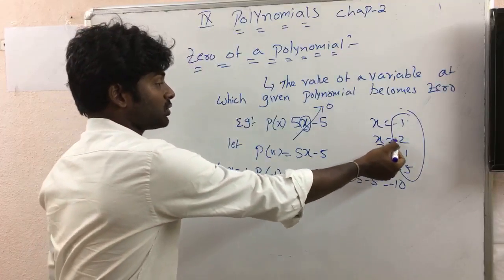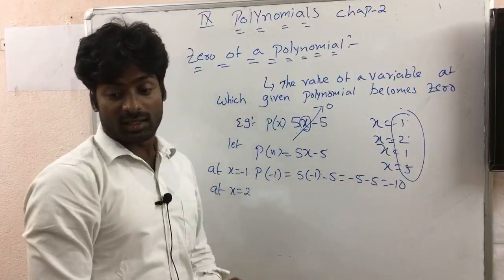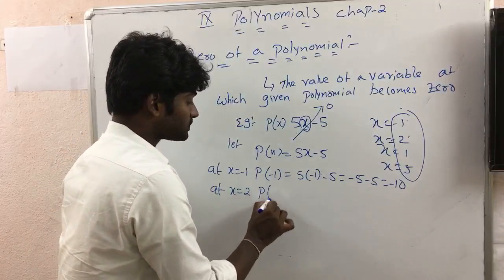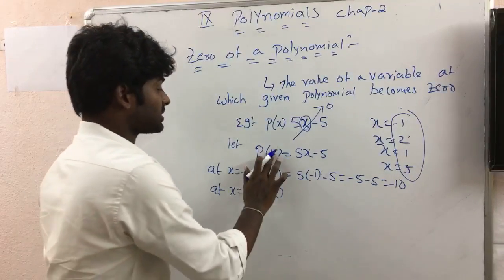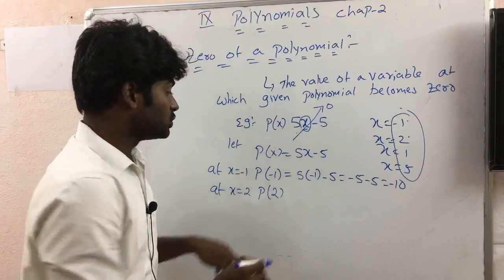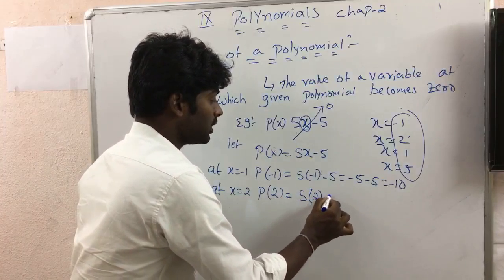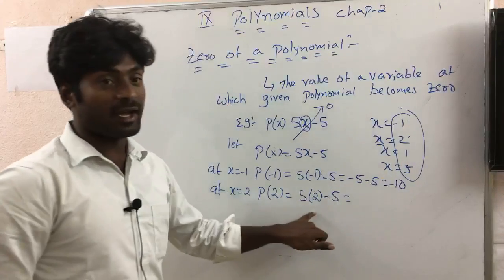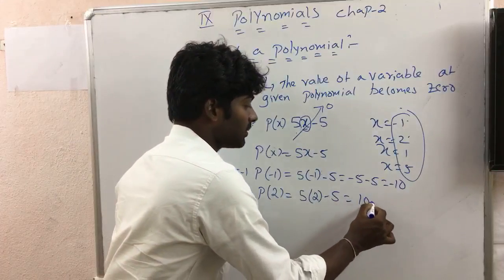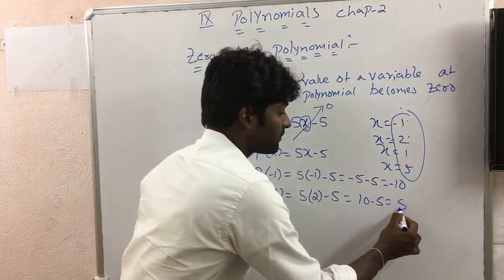Now I am taking x equal to 2. That means p of 2, wherever you see the x, you substitute with 2. P of 2 equals 5 into 2 minus 5, that is 10 minus 5, you will get 5.